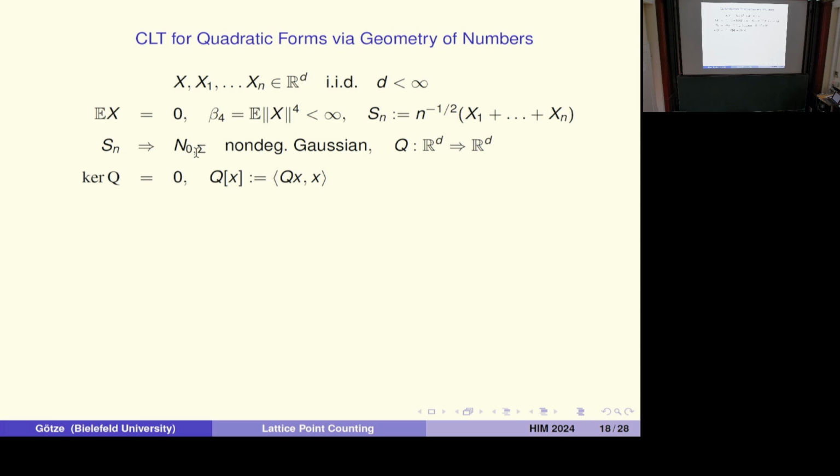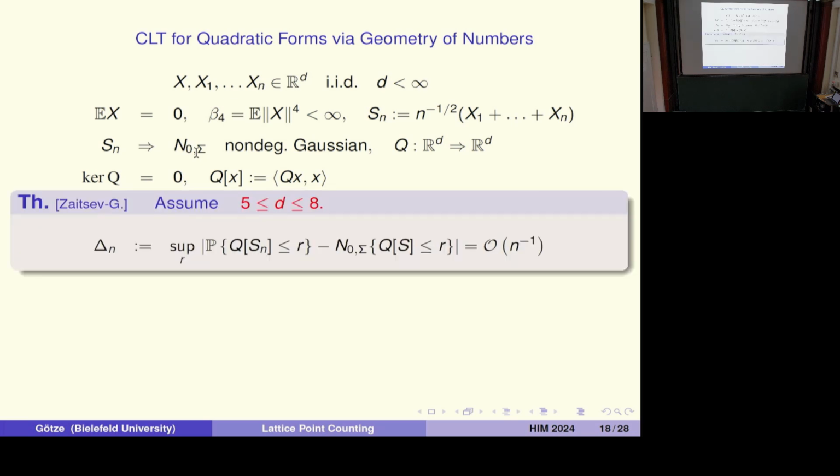And then I look at regions defined by Q of S smaller or equal to R, once under the standard Gaussian with covariance sigma, and once for the distribution of these vector sums. And the question is, what is the upper bound here?